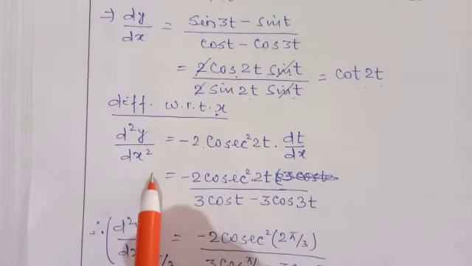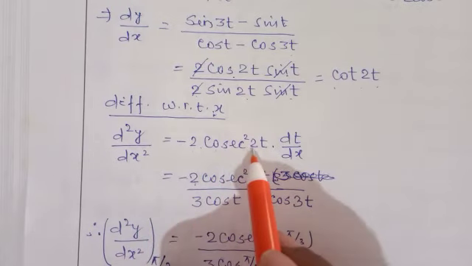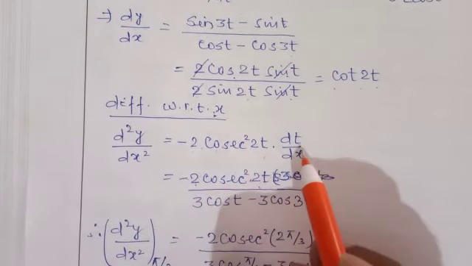Differentiation of cot theta is minus cosec square theta. So it should be minus cosec square 2t. Again differentiation of 2t will be 2 and differentiation of t is dt by dx. So minus 2 cosec square 2t dt by dx.